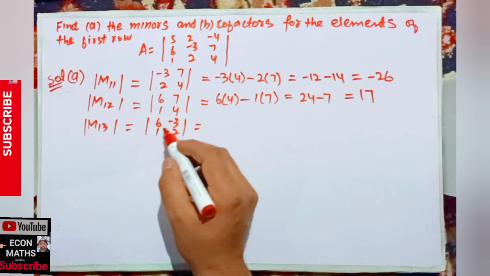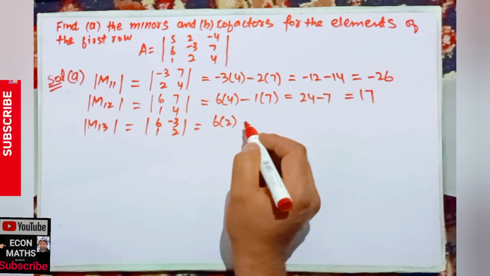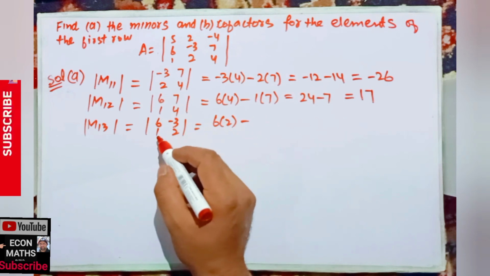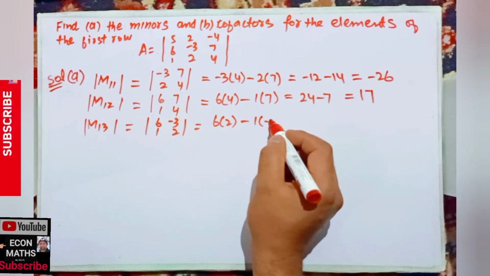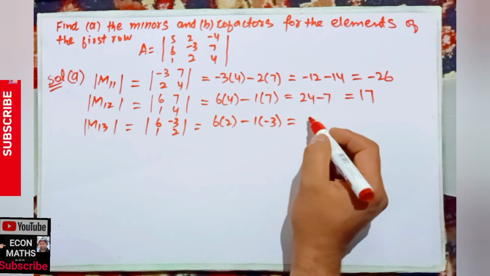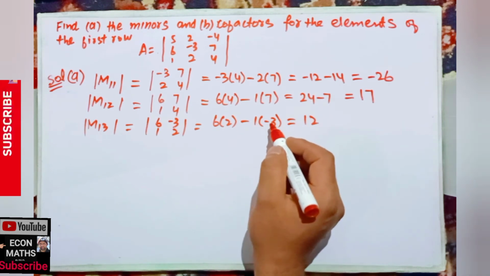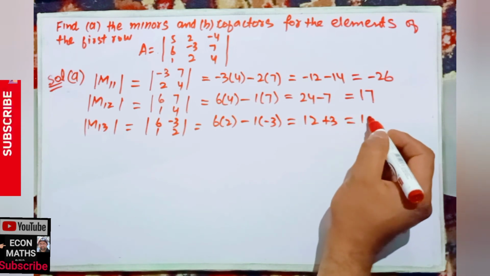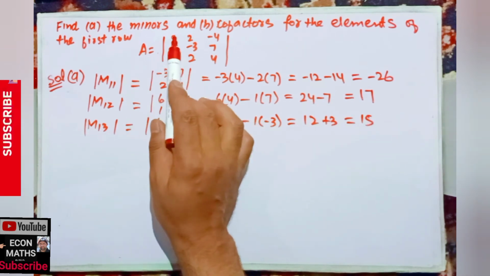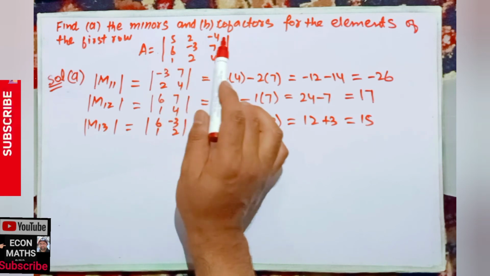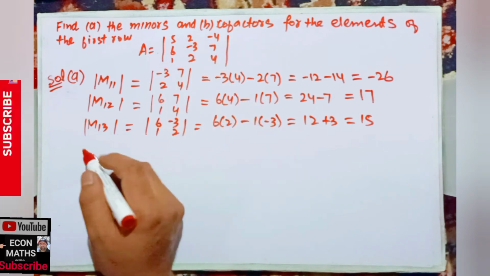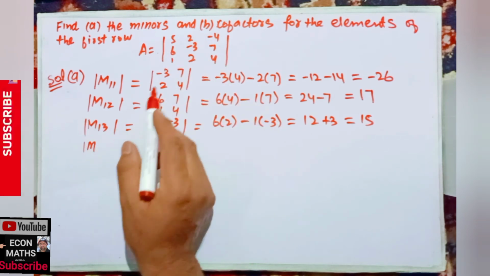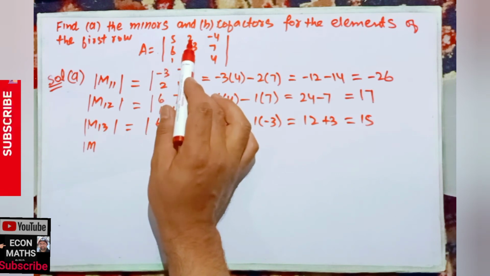Now solving this, this is 6 into 2 minus 1 into -3. So this is 12, and minus minus is plus, so this is plus 3. So here it is 12 plus 3, that is 15. So these are the minors for the first row. Similarly we can find the cofactors here, that is C11, C12, C13.